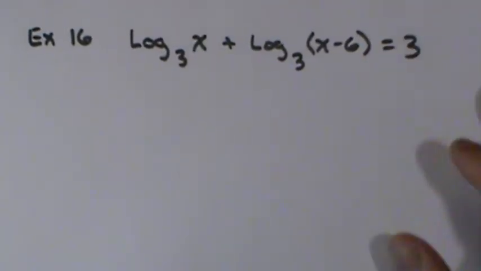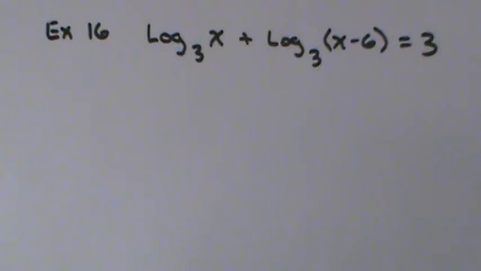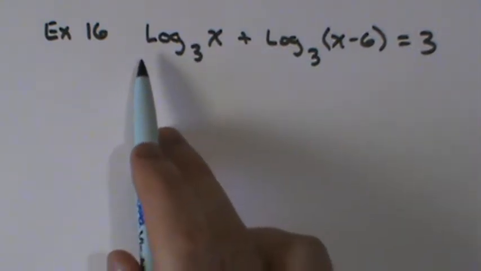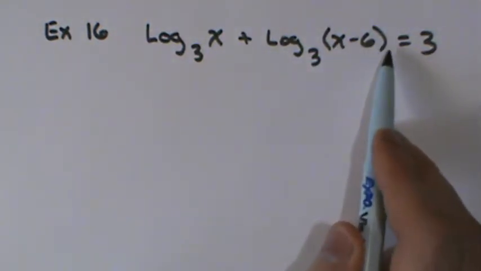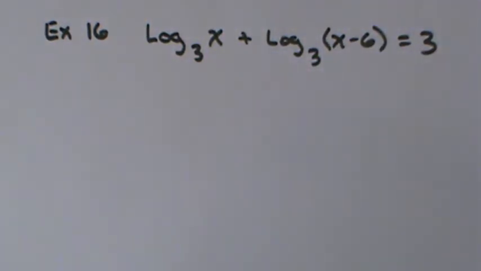I've got one last example I would like to go through. I have it up here. Example 16. There's a problem really similar to this in the homework. I thought, oh, this is kind of fun to go through, so I wanted to make sure you had every chance of success on this. It says log base 3 of x plus log base 3 of x minus 6 is equal to 3.